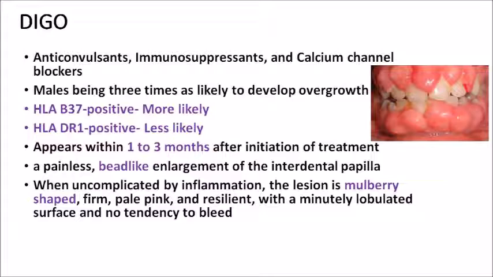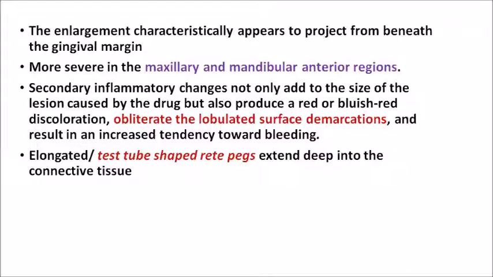It is firm, pale pink and resilient, and as we already said, it has a minutely lobulated surface. There is no tendency to bleed because it is very fibrous. The enlargement appears to project from beneath the gingival margin. Please note that term, it appears to project from beneath the gingival margin.